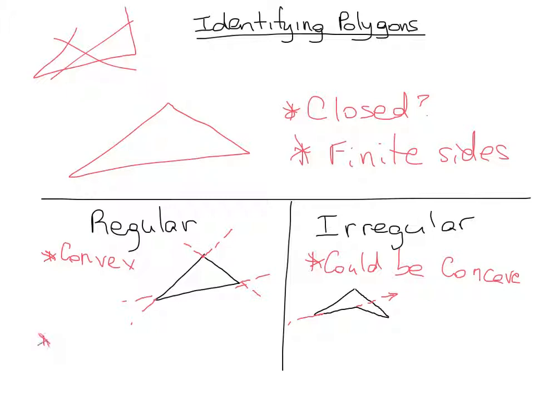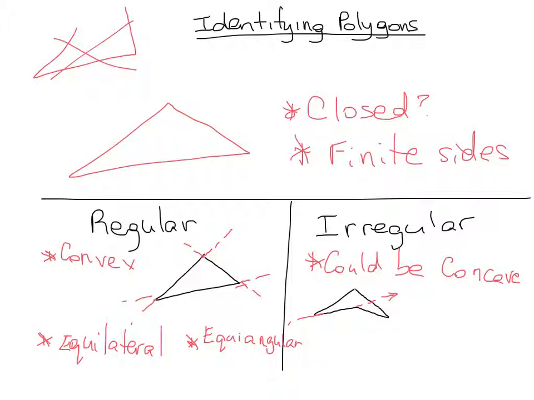Another criterion for a regular polygon is equilateral. As you may have heard that word equilateral before, it just means all sides are equal. And the third criterion for a regular polygon is that it has to be equiangular.